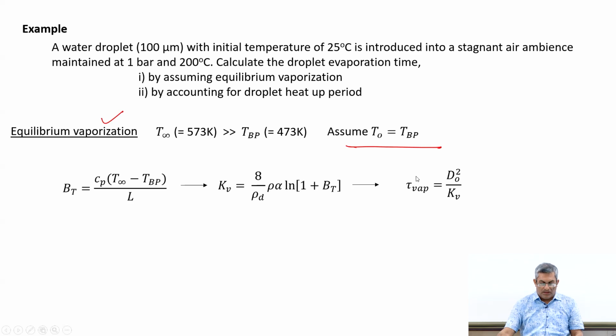Now, another practical problem. How will you evaluate the thermophysical properties? At what temperature? We can evaluate the properties at some average temperature. We can calculate the average temperature this way, though sometimes we do a weighted average also.